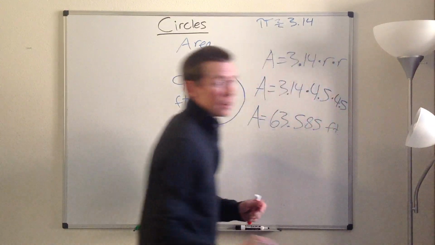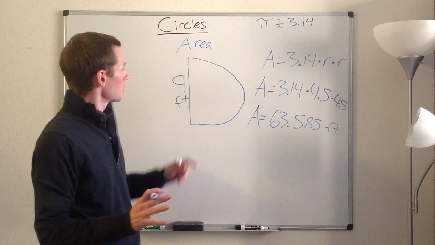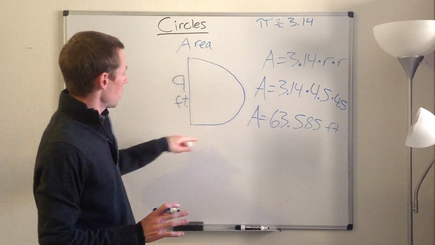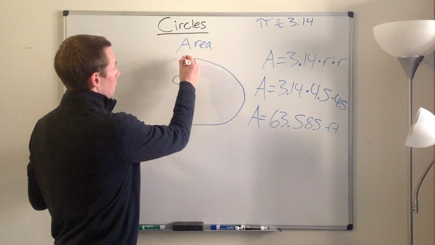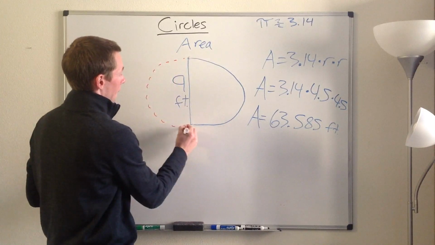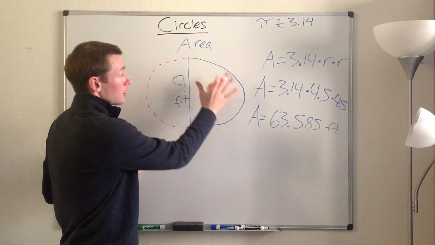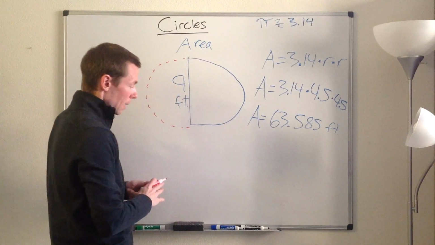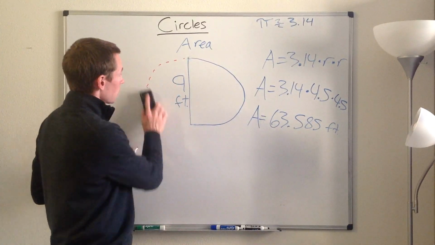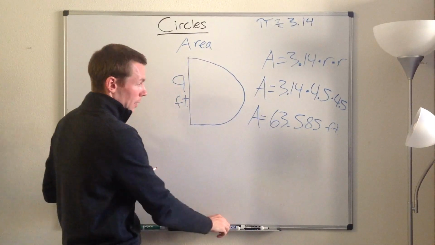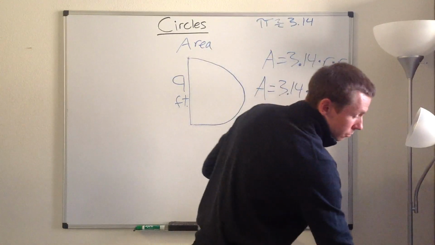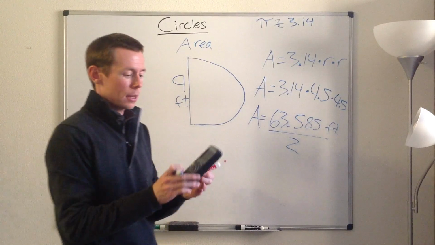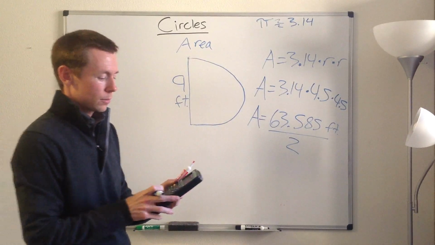But are we done? No, because that would be calculating the area of the entire circle. So that would be everything inside of this. But we only have half of this, so naturally we need to divide by 2. So you could take out your trusty calculator, divide by 2.